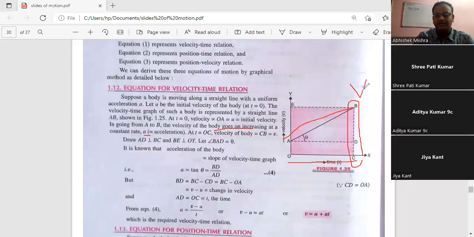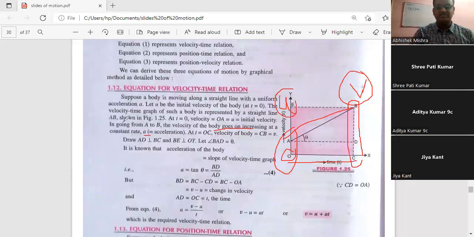So we can say that OA means the initial velocity, which is represented by U, and CB represents the final velocity, which is represented by V. Did you get this, students?